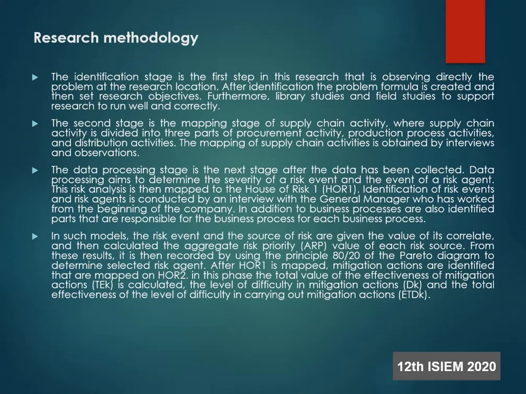Furthermore, library studies and field studies support the research to run well and correctly. The second stage is the mapping stage of supply chain activity, where supply chain activity is divided into three parts: procurement activity, production process activity, and distribution activities. The mapping of supply chain activities is obtained by interview and observation.